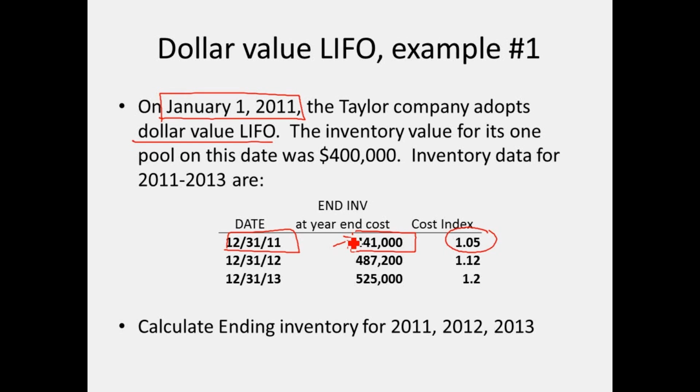So if I had to buy exactly this inventory a year later, how much would it cost me to buy it a year later? Times, so 400 times 1.05, right? So 5% more, so what is that? 420, right? So I'm telling you have 441, what can you tell me?